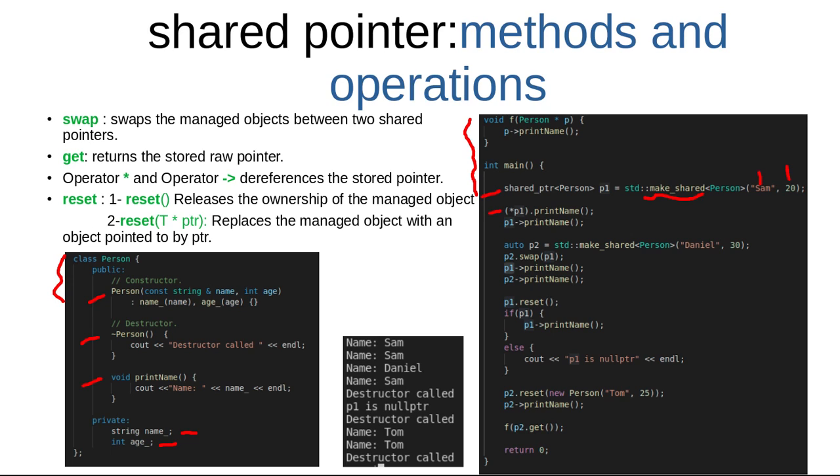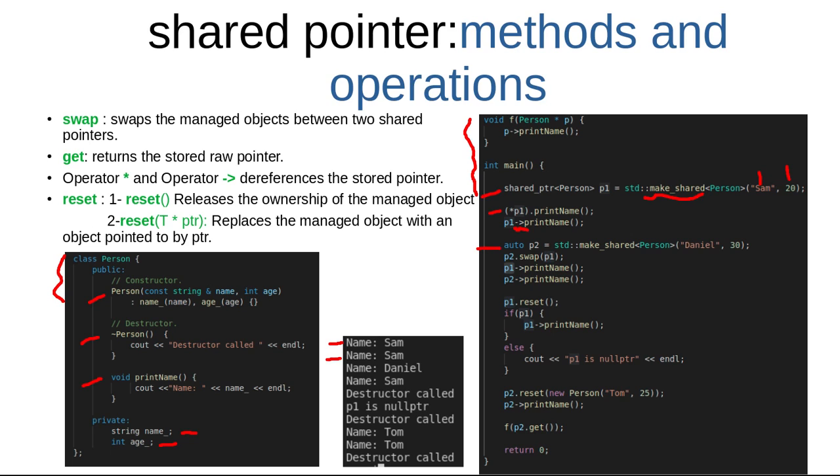This is how I can dereference the pointer using the star. So I can do star p1 dot print_name, and it will print the name Sam. Or I can use this easier arrow operator, the same way it's used with a raw pointer. So p1 arrow print_name will print Sam.